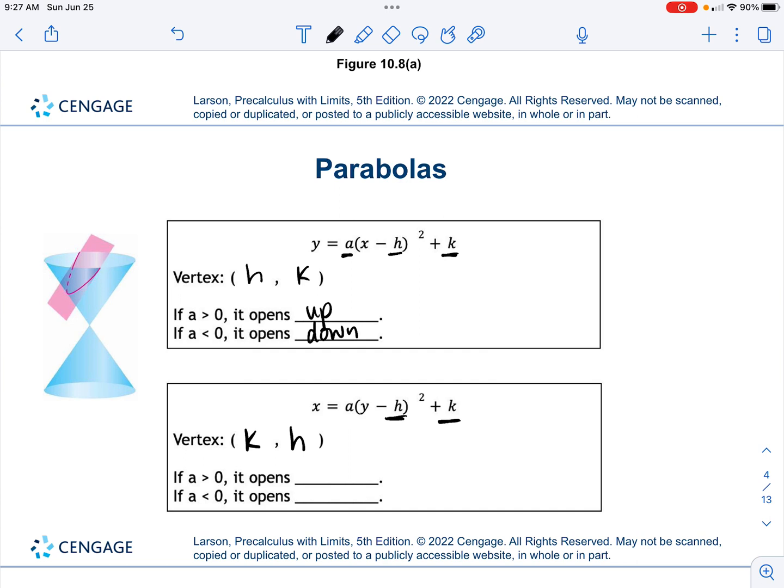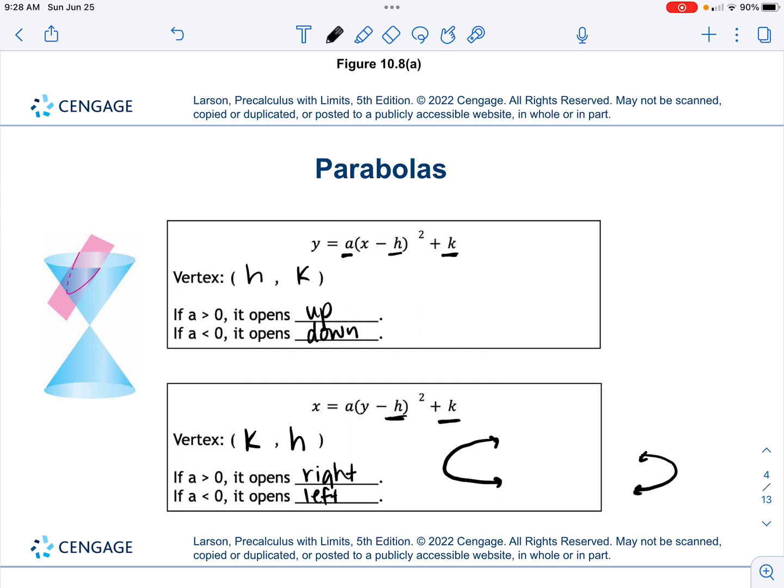If a is positive, instead of opening up, when you have this format here below, it's going to open to the right. So if you can picture that, it'll be a parabola opening sideways to the right. If a is negative, it will be opening to the left. So that would be like open to the left.